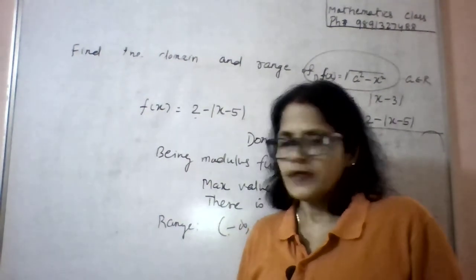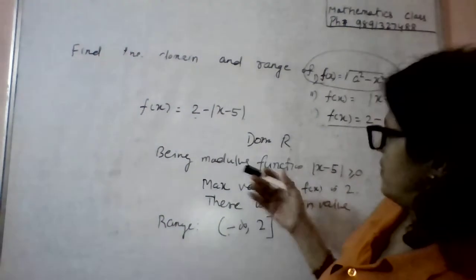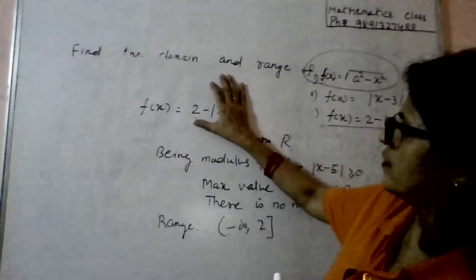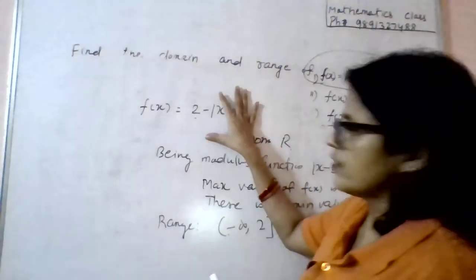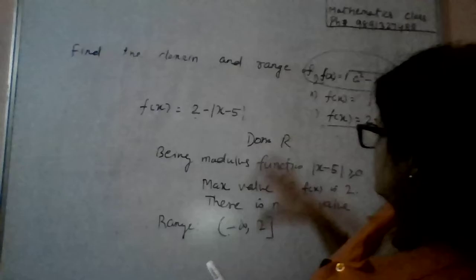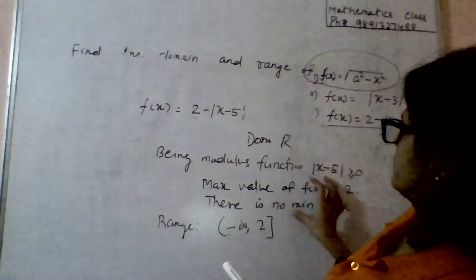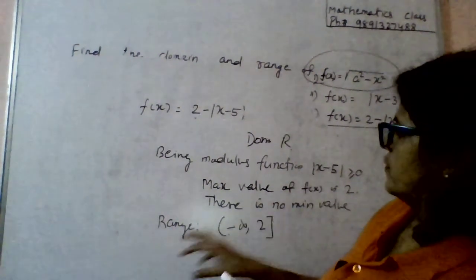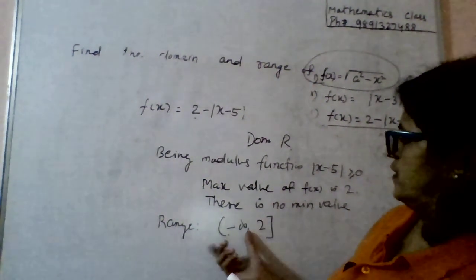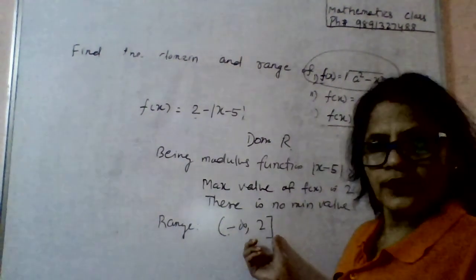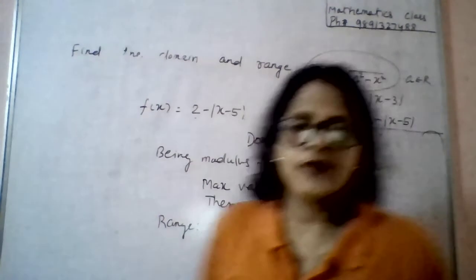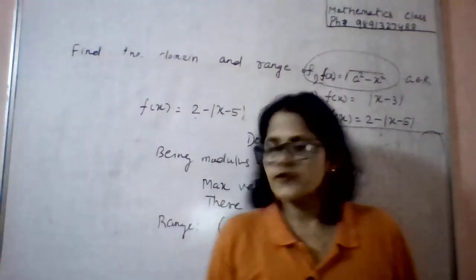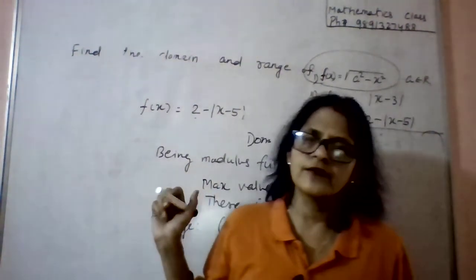Similarly, you can apply common sense, because this cannot be negative, right? So when it cannot be negative, the maximum value of the range you are getting is 2. So the range is minus infinity to 2, with 2 inclusive. So all values of the function will be less than or equal to 2.